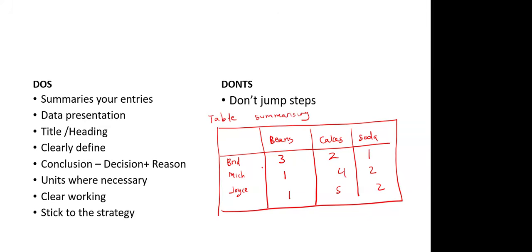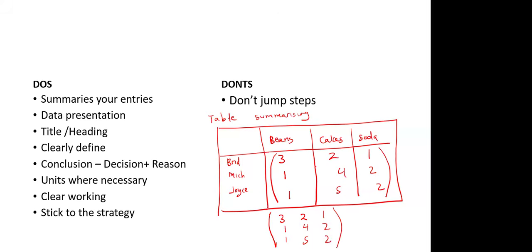After summarizing it, that is when you go on and extract your matrix. You just extract it the way you have summarized it. You put the entries, say 3, 1, 1, 2, 4, 5, and then 1, 2, 2.